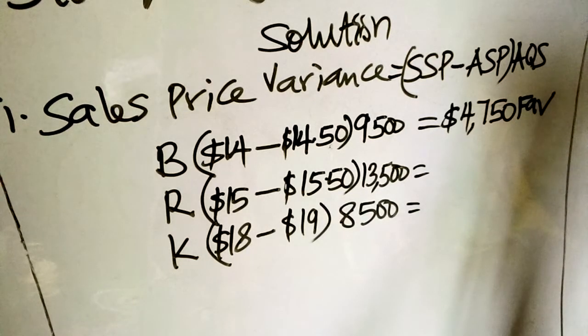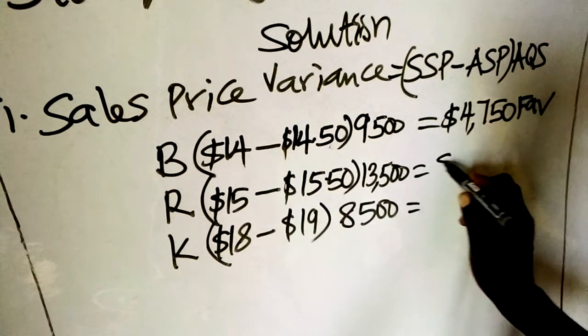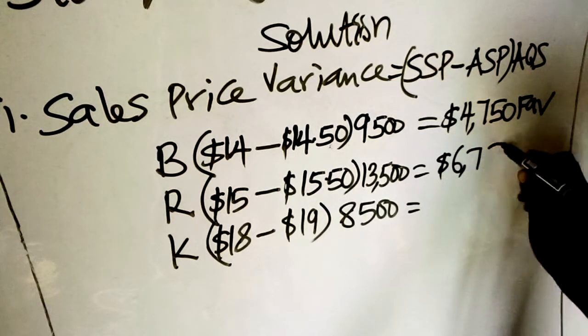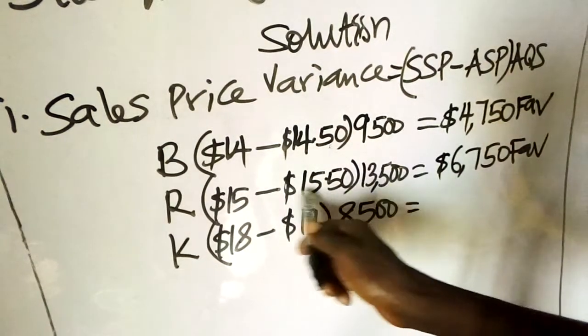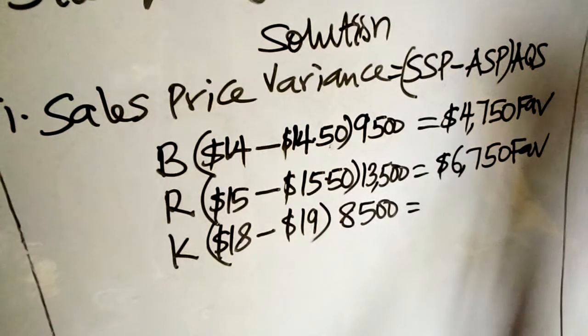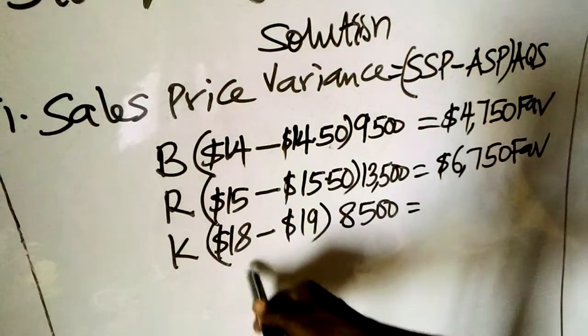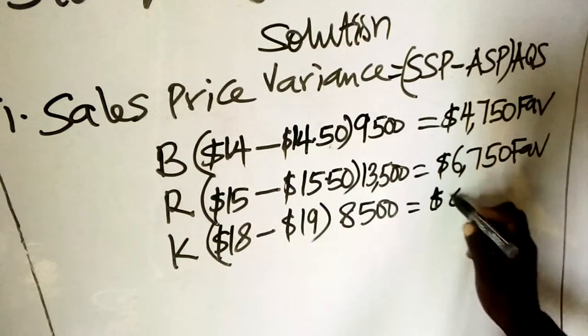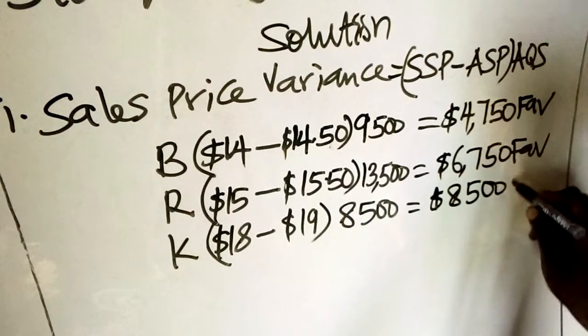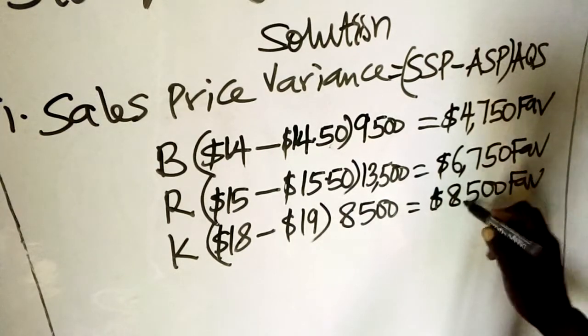For R, 15 minus 15.5 will be 0.5. 0.5 times 13,500 will give us $6,750 favorable. It is favorable because actual selling price exceeds the standard. For K, 18 minus 19 will give us 1. 1 times 8,500 gives $8,500 favorable.